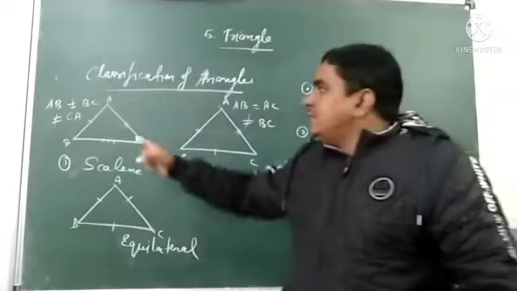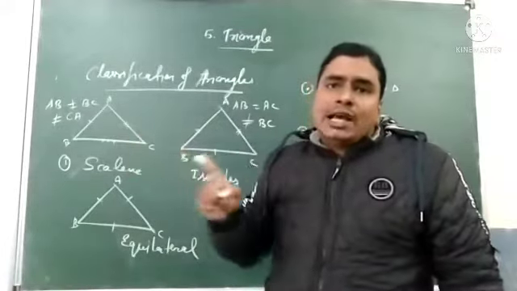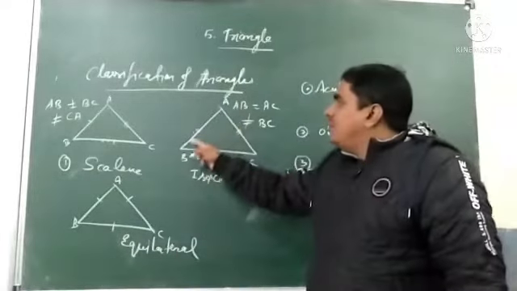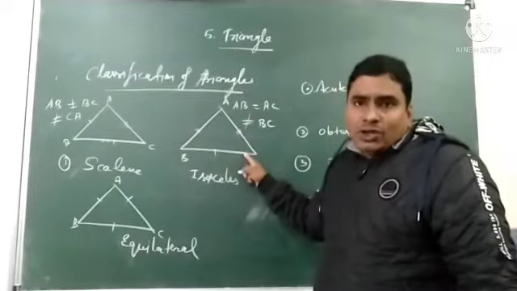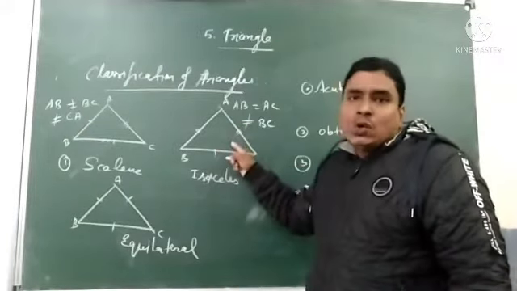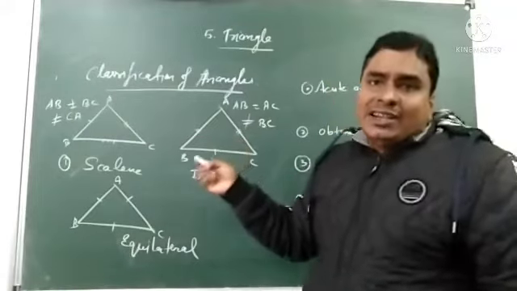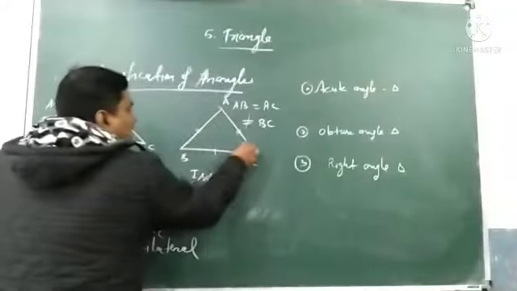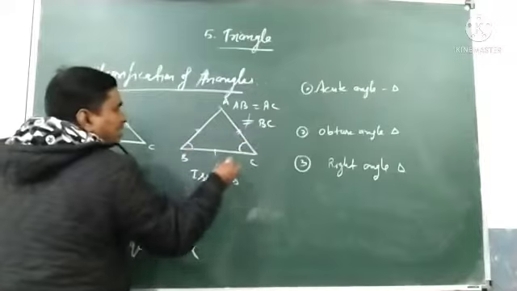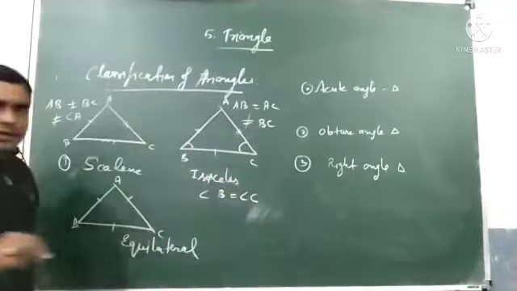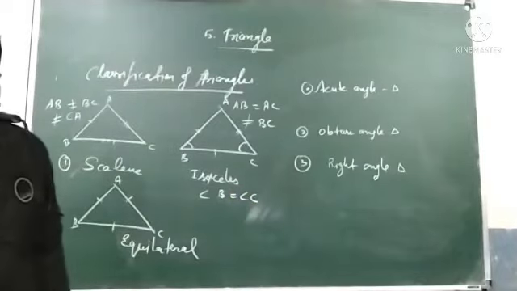In a scalene triangle, all sides are unequal, so the angles are also unequal. In an isosceles triangle, two sides are equal, so the angles opposite to the equal sides are also equal. This angle B is equal to angle C.